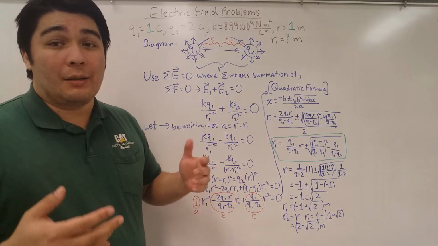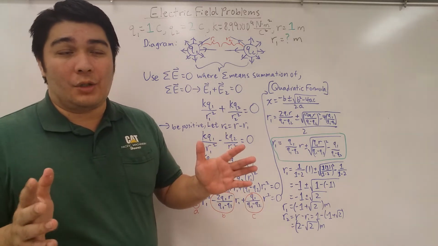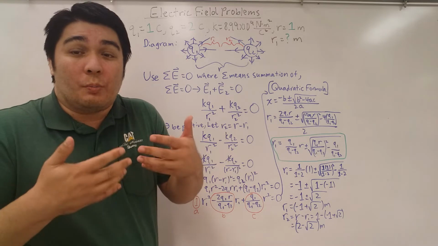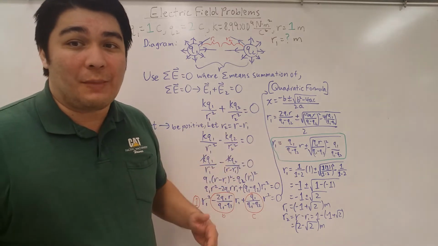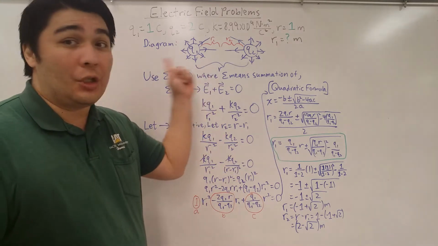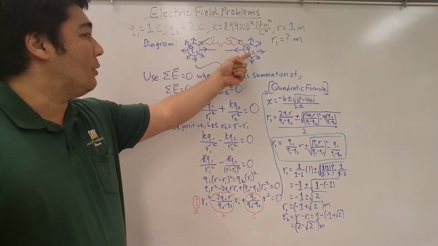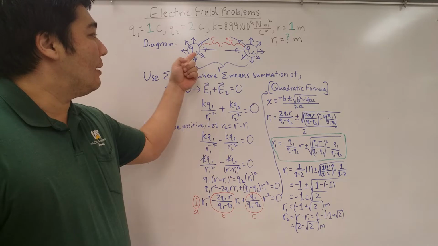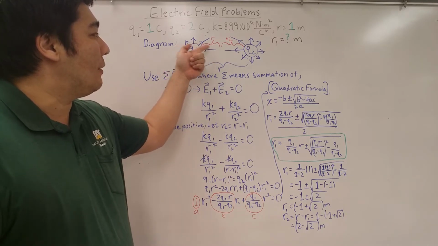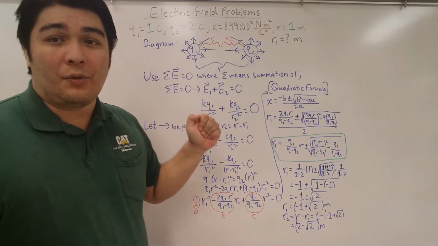And of course, short of just asking you to believe me as if I'm making this up, I drew a diagram to show you what I'm talking about. In my diagram, I've got two charges, Q1 and Q2, and there is a distance between them, R1 and R2, where the electric field will be zero.